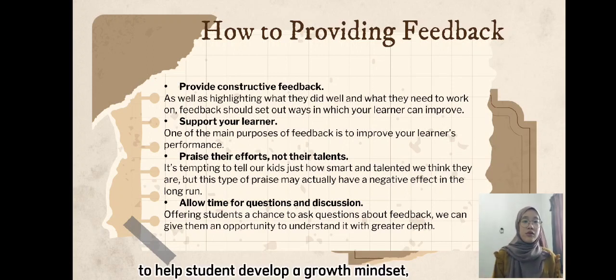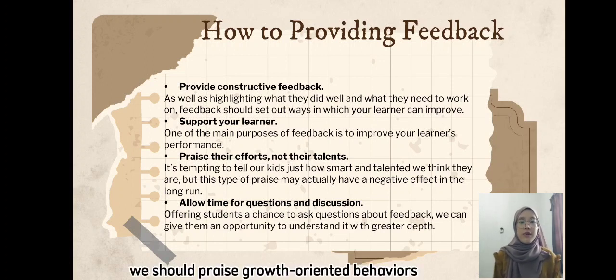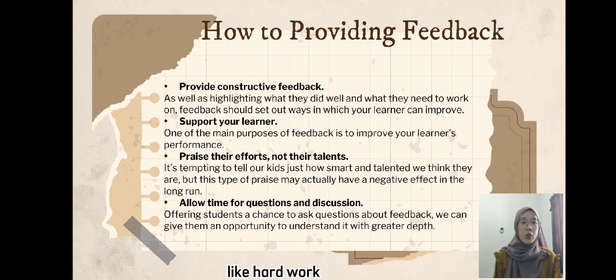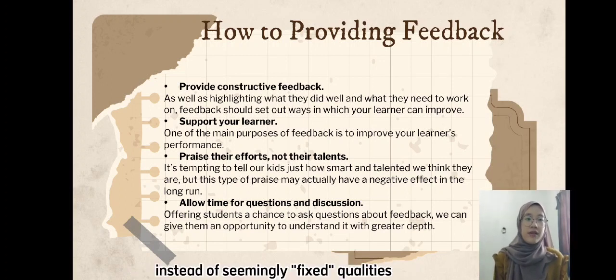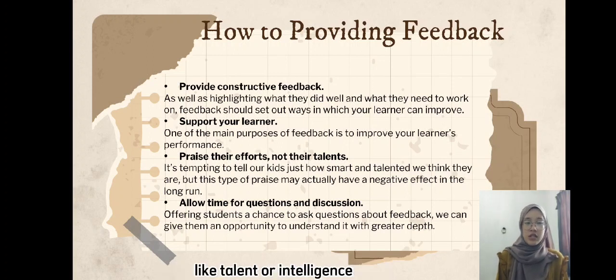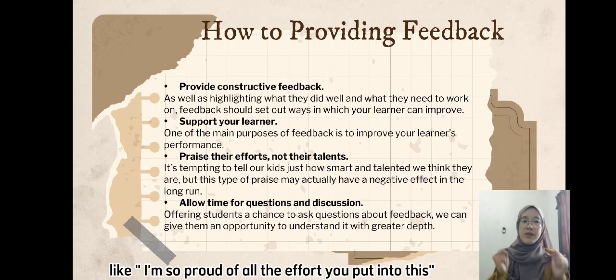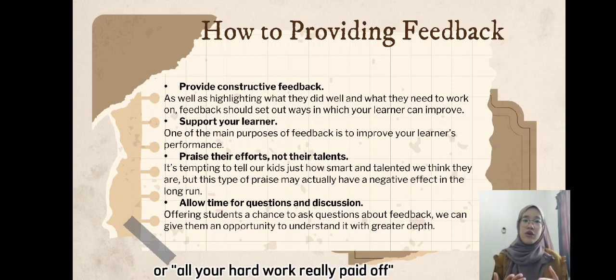To help students develop a growth mindset, we should praise growth-oriented behaviors like hard work instead of seemingly fixed qualities like talent or intelligence. Try using praise like, "I'm so proud of all the effort you put into this," or "all your hard work really paid off."